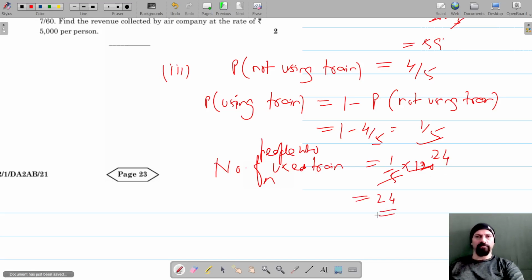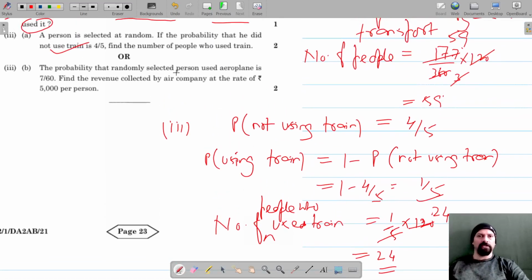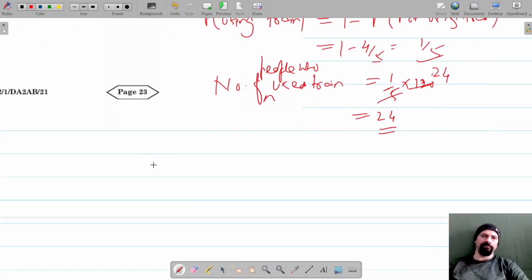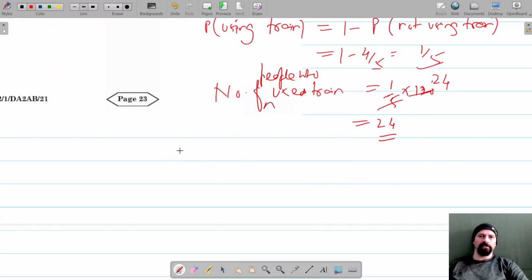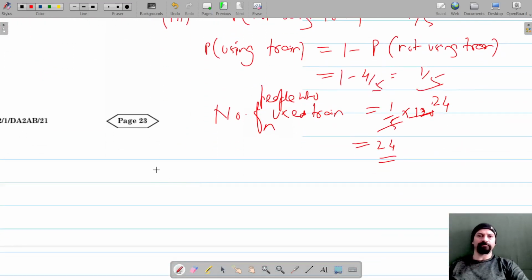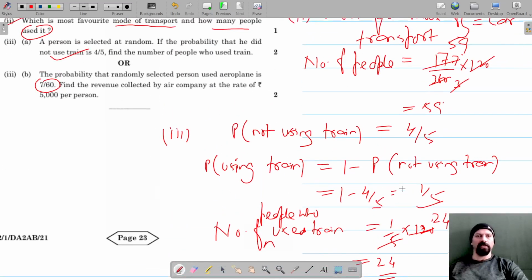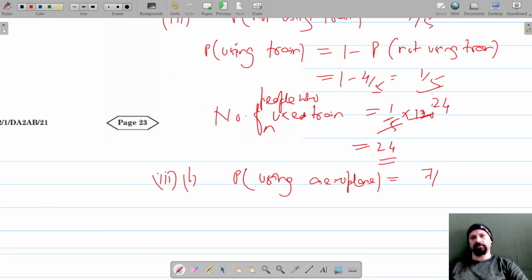And the number of people who used aeroplane, we have to find out, its probability is given. So this is third part B. The probability of using aeroplane is given, which is 7 by 60.